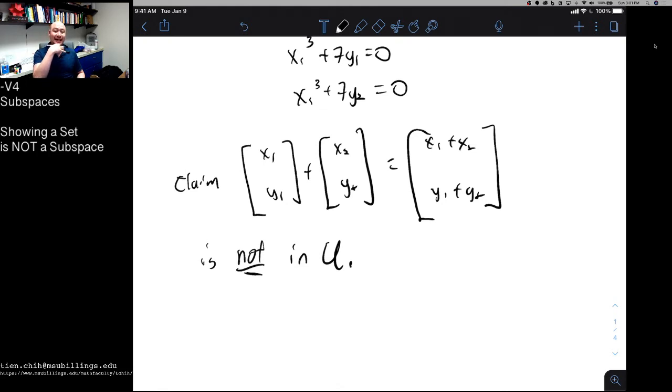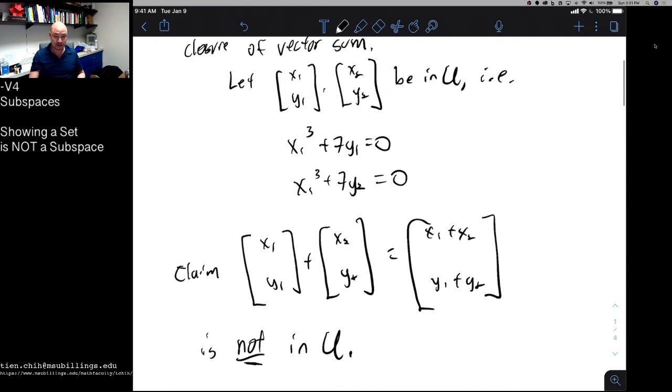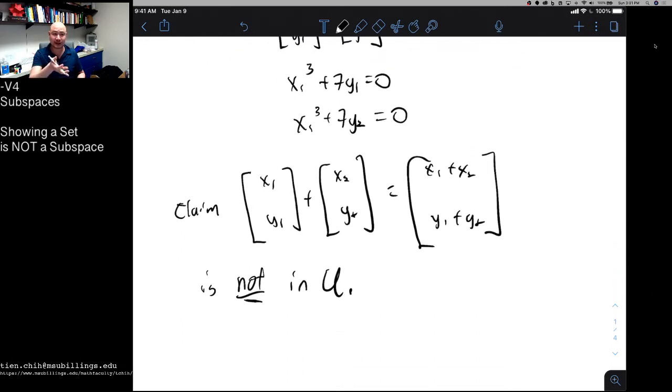But the point is that this isn't going to be true for every single possible x1, y1, x2, y2 that lives in U, that there are going to be some that don't satisfy this.